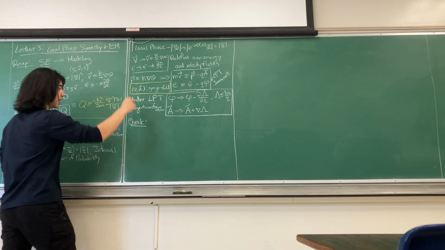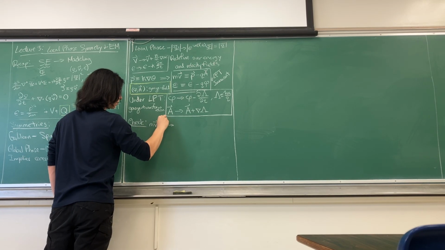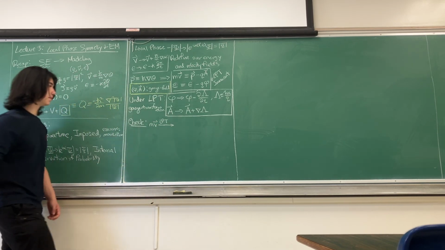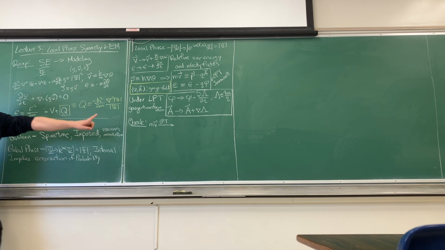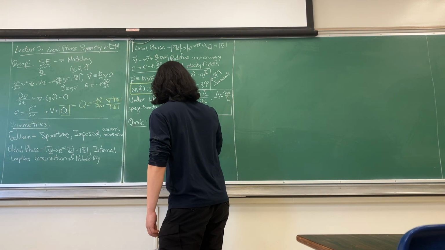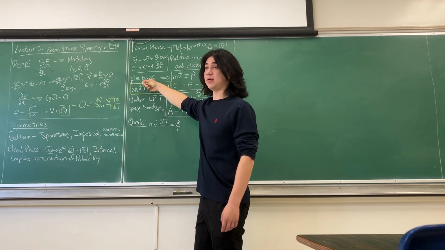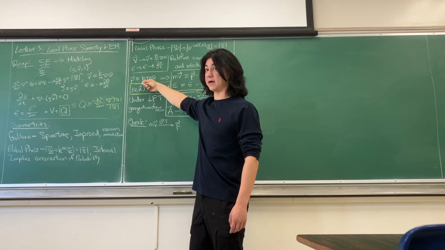So if we do MV under a local phase transformation, or a gauge transformation, it is going to go to P. But now P, because P is defined like this, is going to get plus h bar gradient alpha.